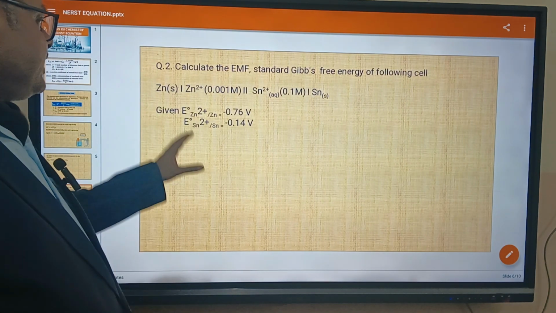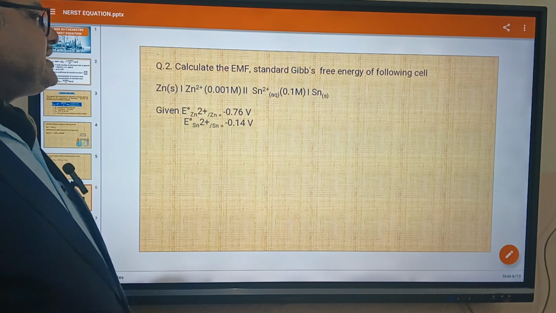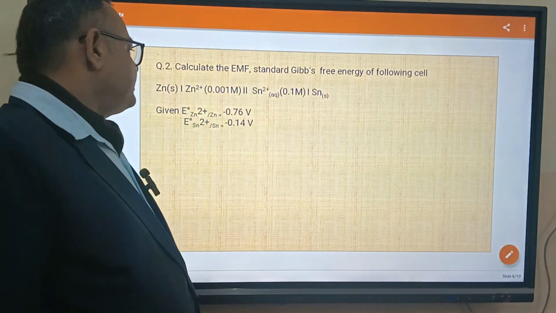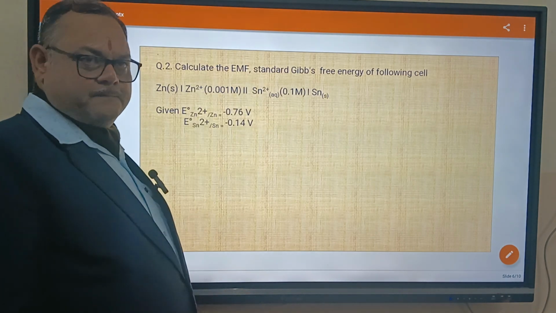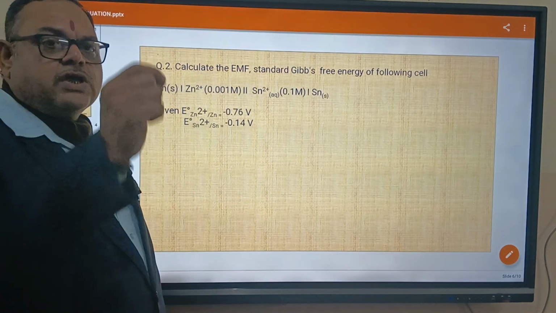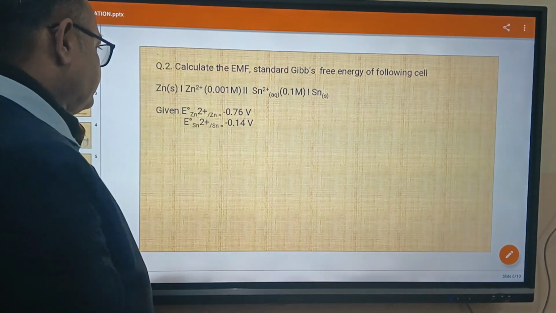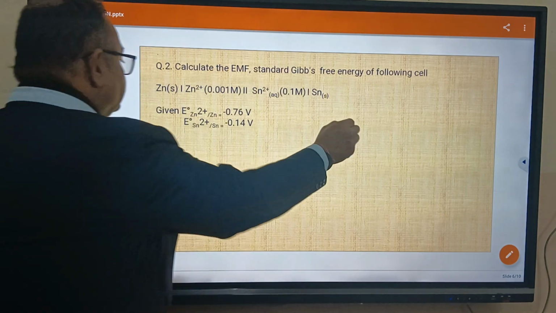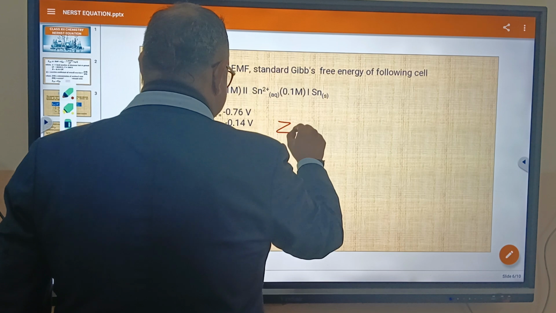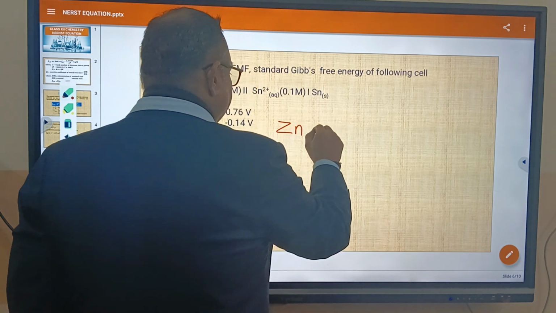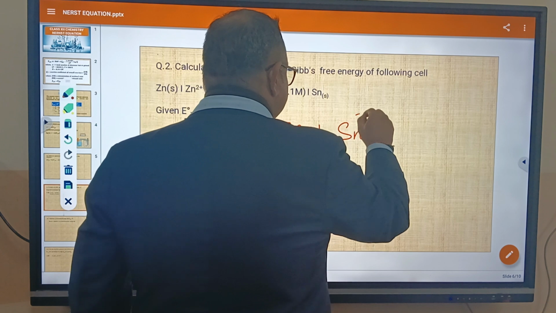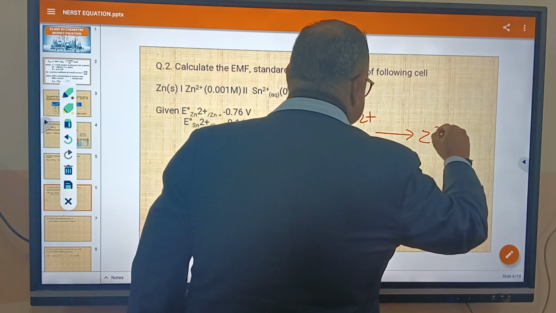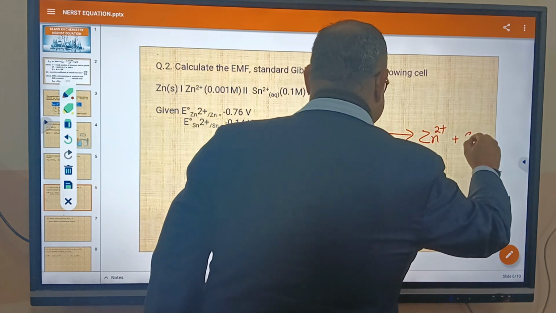Now say, here we have a question which says calculate the EMF, the standard Gibbs free energy for the following cell. So first thing you have to do is to write the balanced chemical equation. So here the equation will be Zn plus Sn2 plus gives Zn2 plus plus Sn.